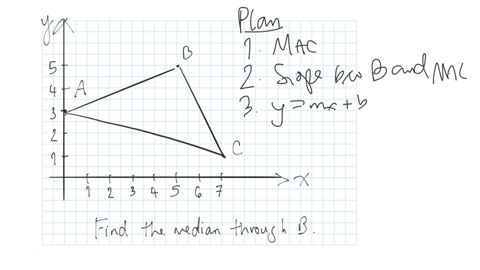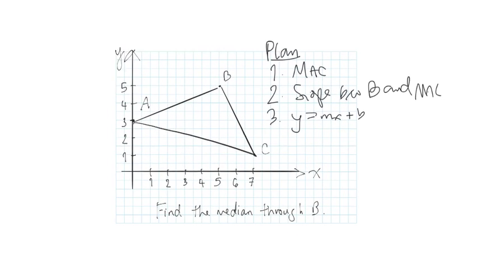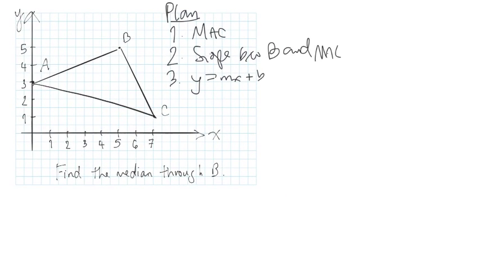Let me zoom out a bit here. Let's give myself a little bit more room. Okay, that should be enough. So step 1 of the plan, I need to find the midpoint of AC. So if you remember from the midpoint formula, we need to take the coordinates of A and C and find their average.